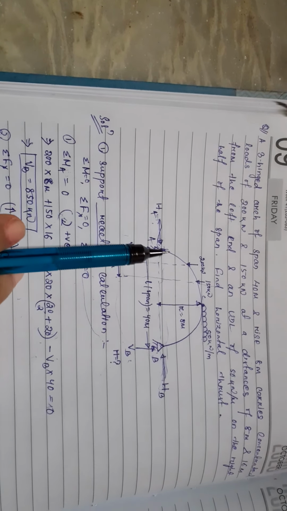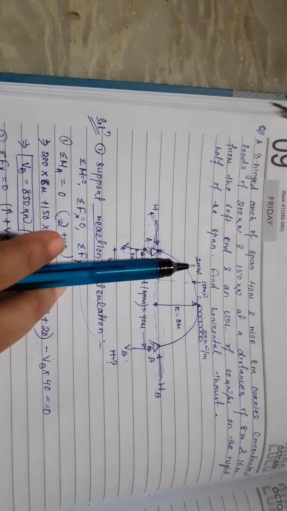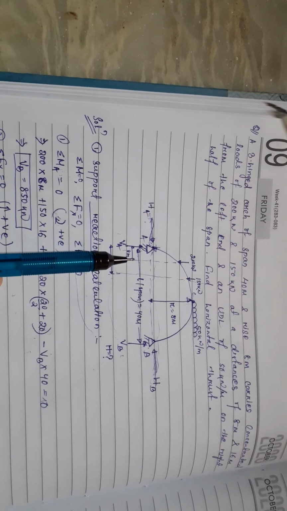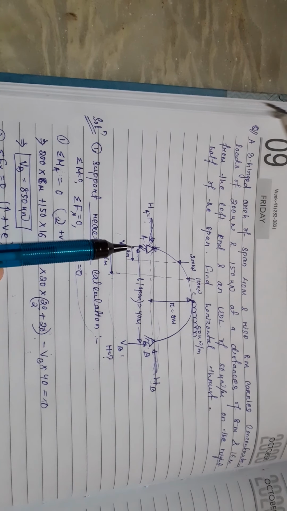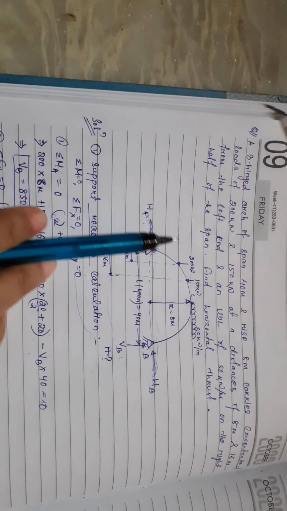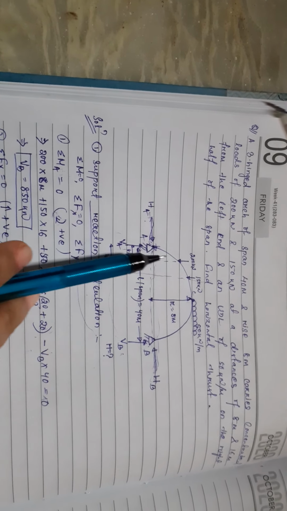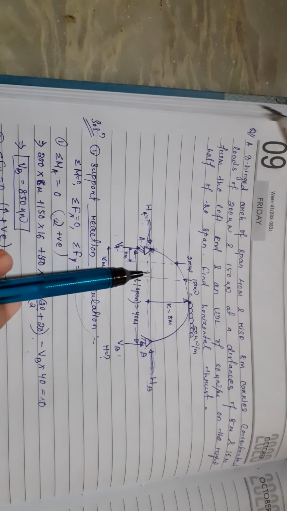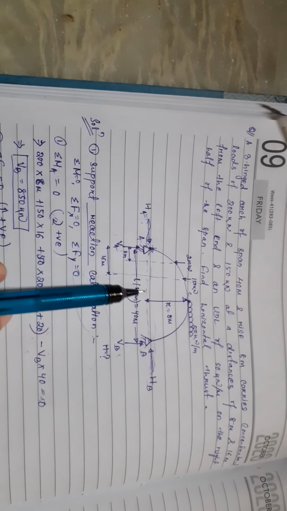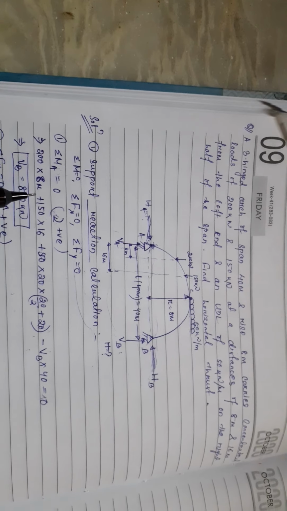Here at A, the 200 kilonewton force has a perpendicular distance of 8 meter, clockwise, so it is positive. 150 kilonewton acts at 16 meter distance, also clockwise, so positive.